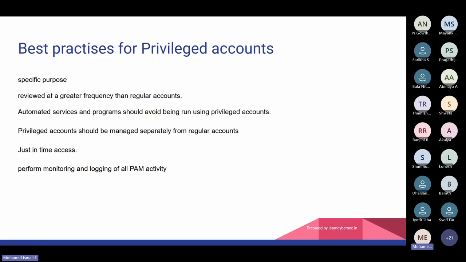Whenever I need to install software or an operating system, or do any high privileged task, then I need to use the privileged account. So the privileged account is maintained separately, and it shouldn't be used for regular purposes. Then there is a term called just-in-time access. What does just-in-time access mean?